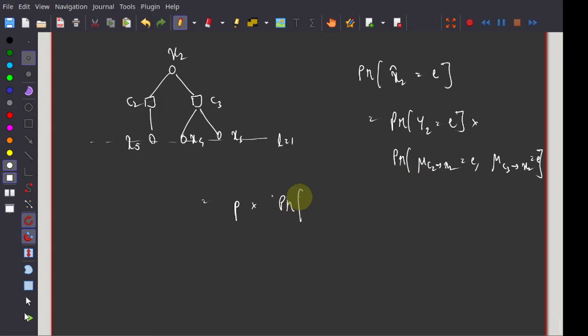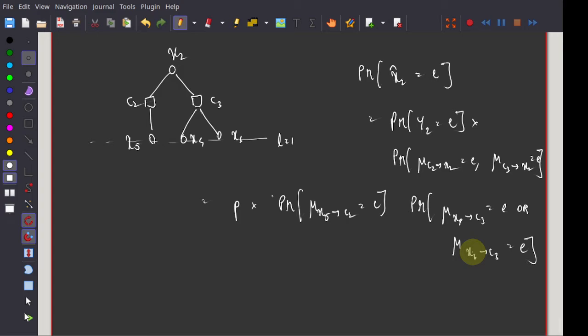So the probability that this is an erasure is equal to the probability that the message from X5 to C2 is an erasure, times the probability that the message from X4 is an erasure and/or the message from X6 is an erasure.